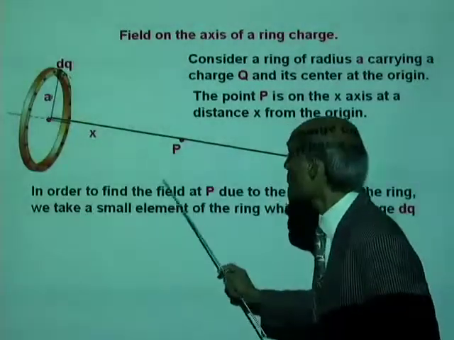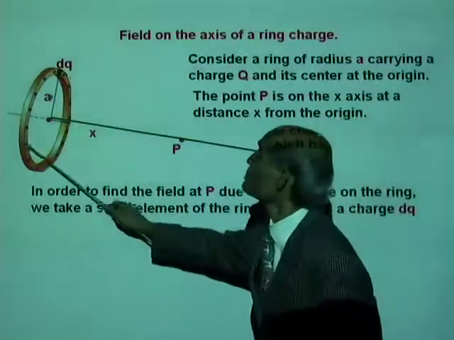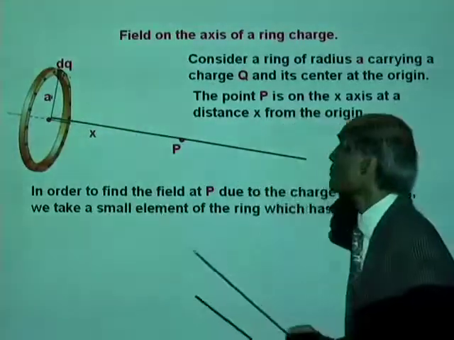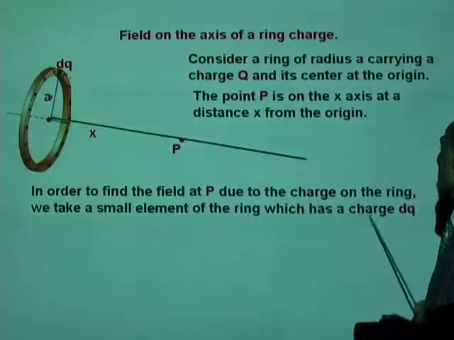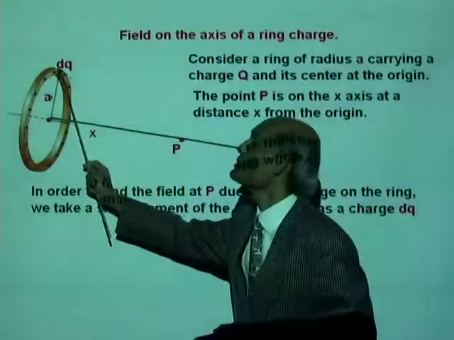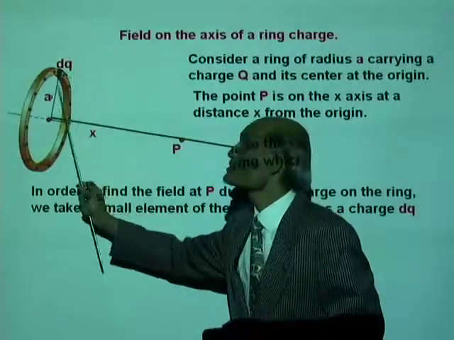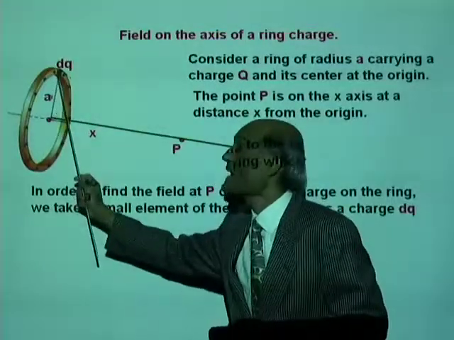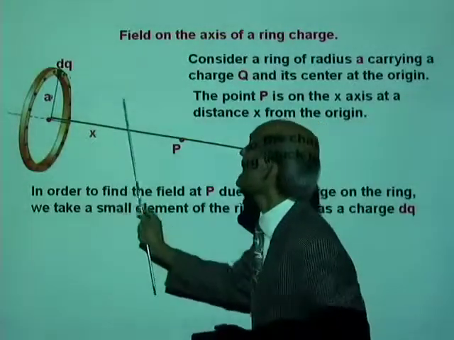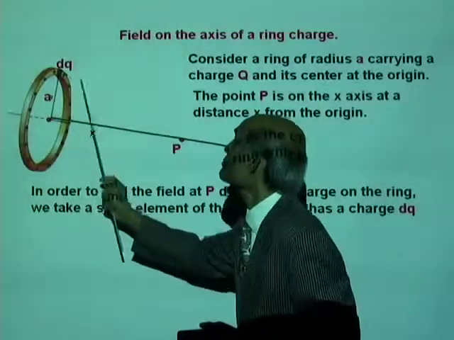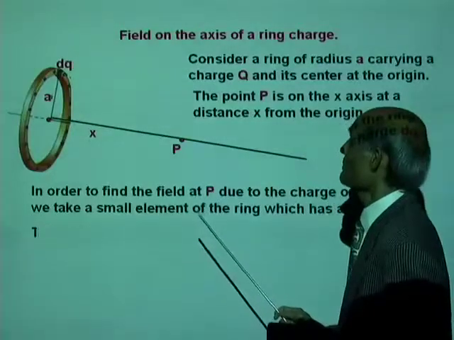In order to find the field at P due to the charge on the entire ring, we take a small element of the ring which has a charge dq. You see? We take a small element of the ring that carries a small charge dq, and we find the electric field at P due to that dq.